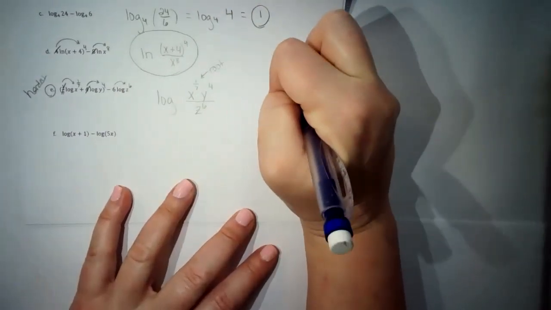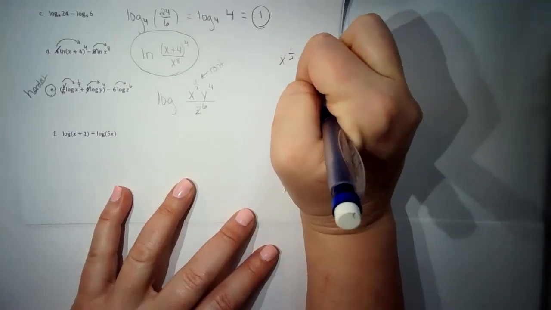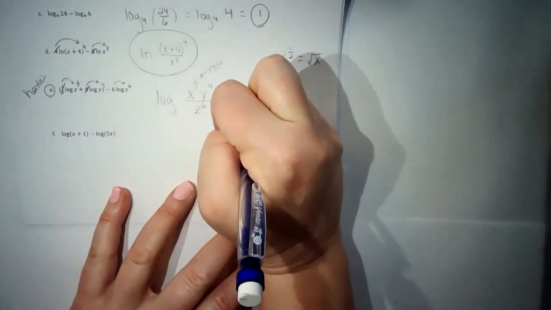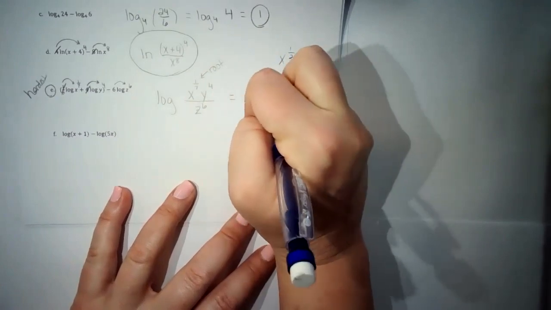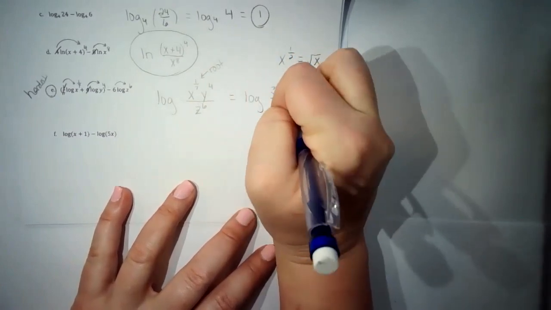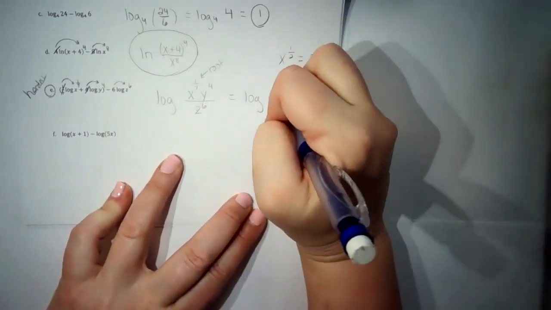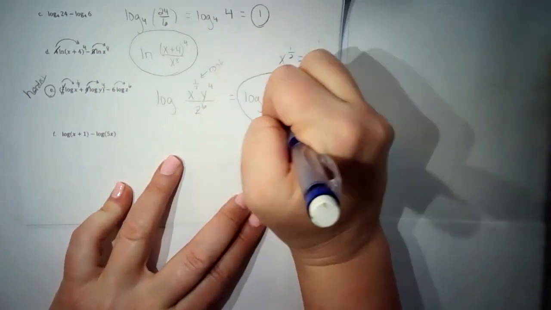So if x to the 1/2 is the square root of x, yeah, so 1/7 is going to be the 7th root of x. So all that means is you're going to have a little 7 on your index. And there it is.